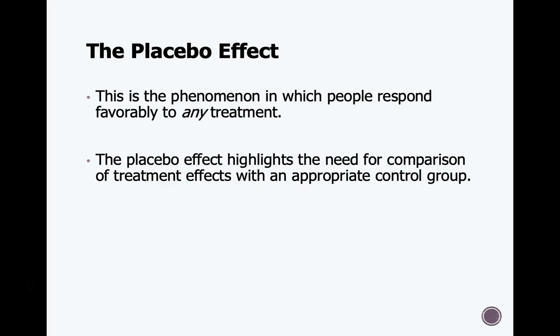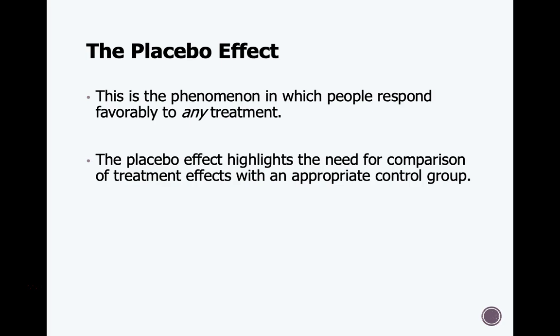But it's really important, and it illustrates the need for a control group, a need for some individuals to not be treated and to not think that they're being treated. Because whether or not this is actually happening is not answering the question of, is this treatment effective? So it's important to consider if you might be having this placebo effect.